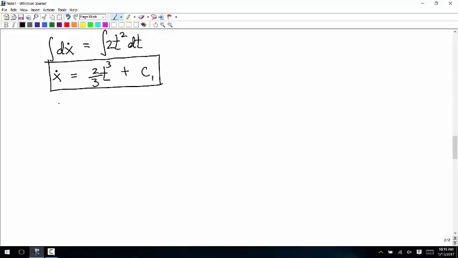Now I'm going to rewrite x dot as dx/dt. That's equal to 2/3 t cubed plus c1. And so dx is equal to the integral of all this stuff with respect to time.